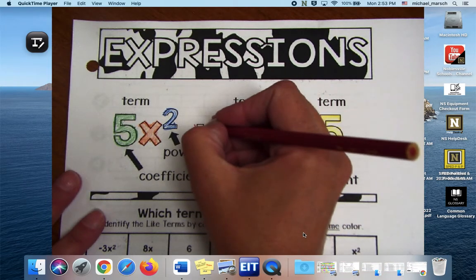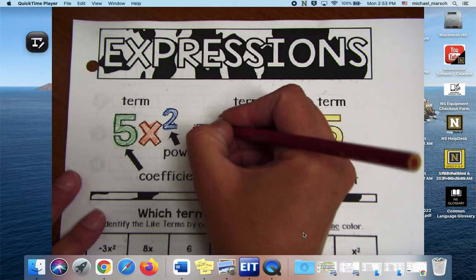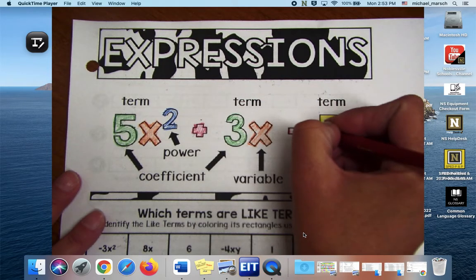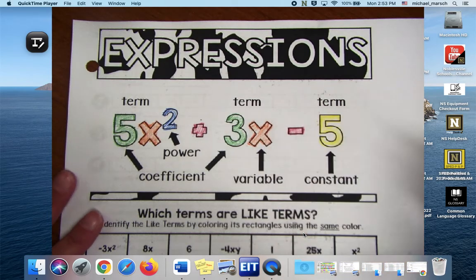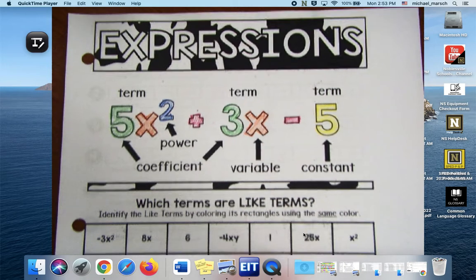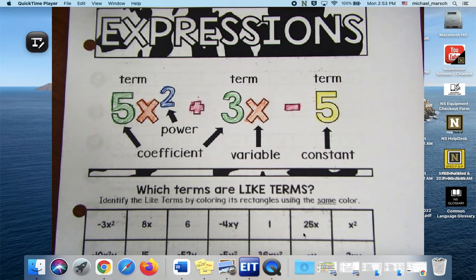I got the wrong one. That's okay. Violet. You're going too fast now. So I have to color them this way, okay?